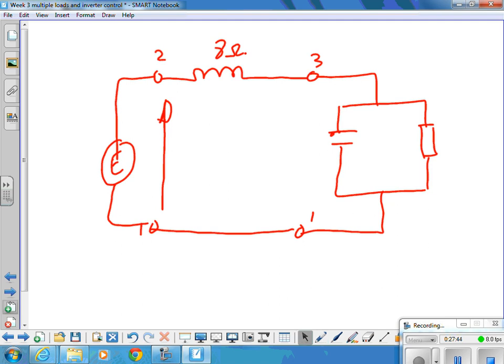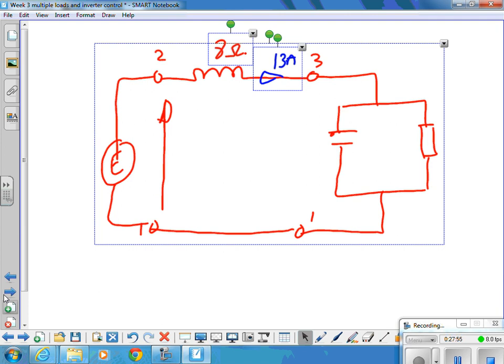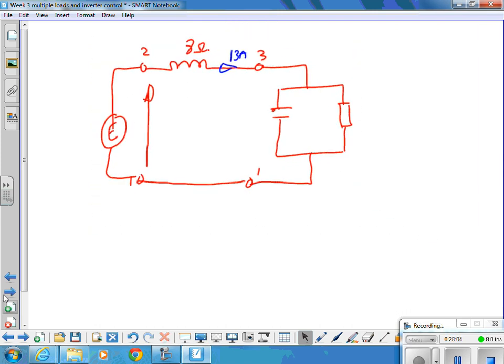And we now know that we got 13 amps flowing there. So what does that mean we can do? Now we know that, because we also know that this is 60 volts. You can indeed. You can work out this voltage here.